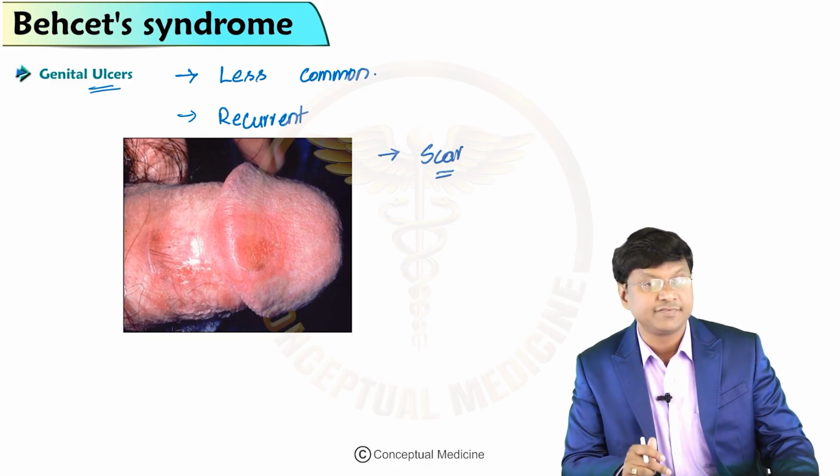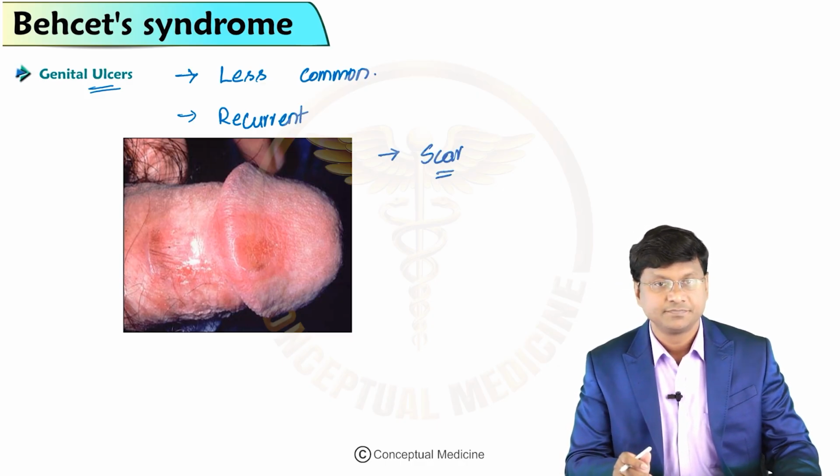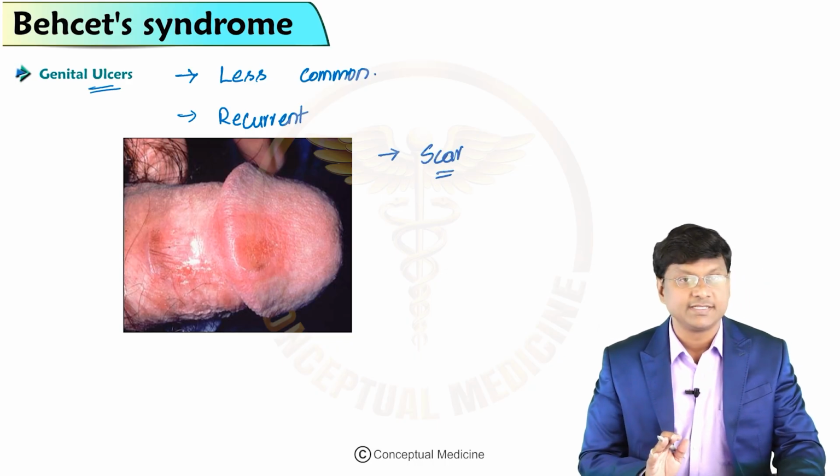Genital aphthous ulcers occur slightly less commonly than oral ulcers, but whenever they subside, they do so by forming a scar over the genital area. That is about the genital ulcers.